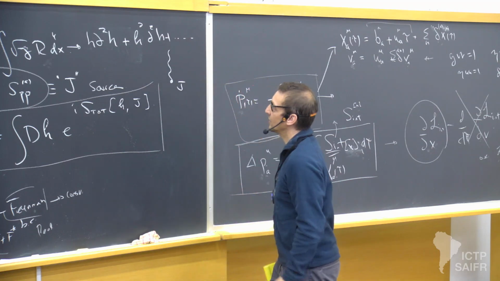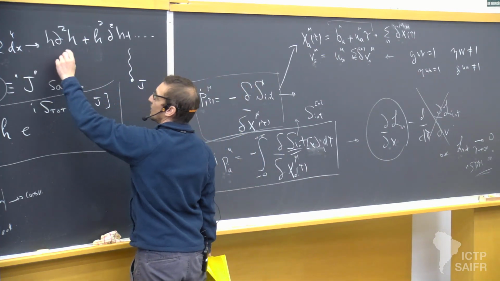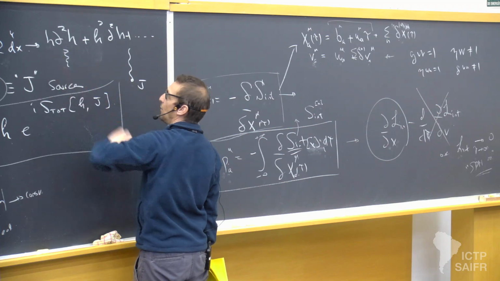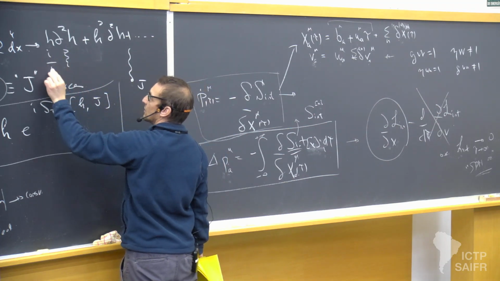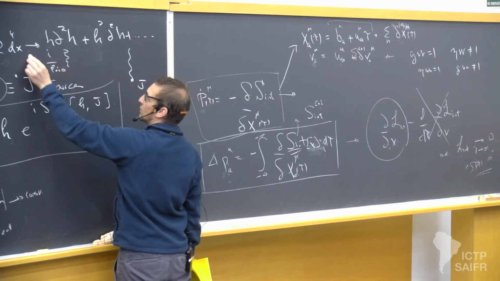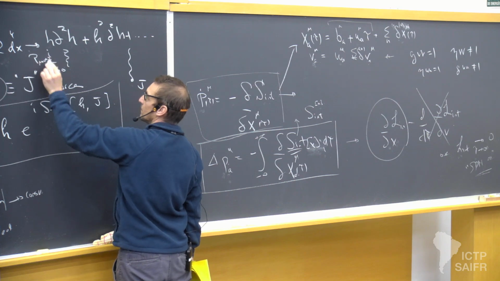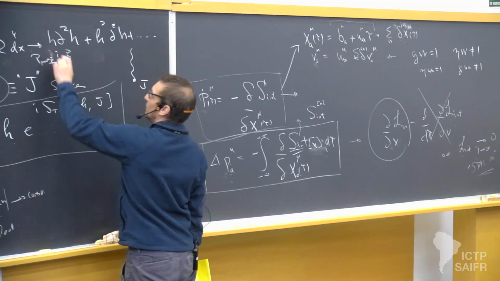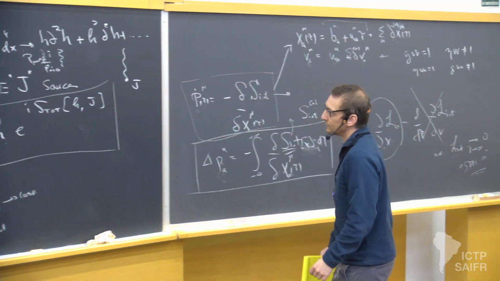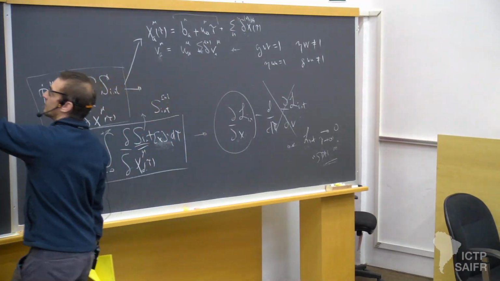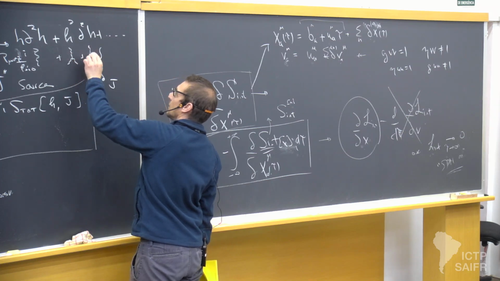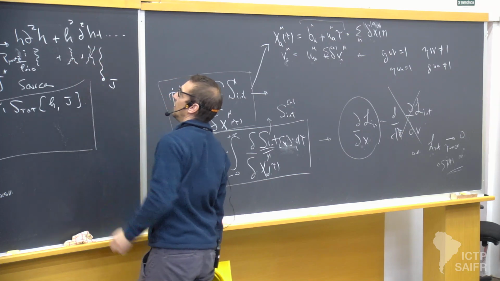And then it gives me all the rules. So the action, without the source, gives me the propagator, which has this form with some tensor structure. That will be my propagator. And these will be cubic, quartic, and so on.